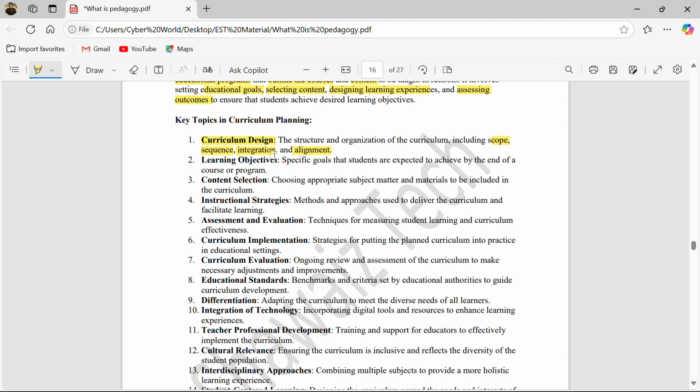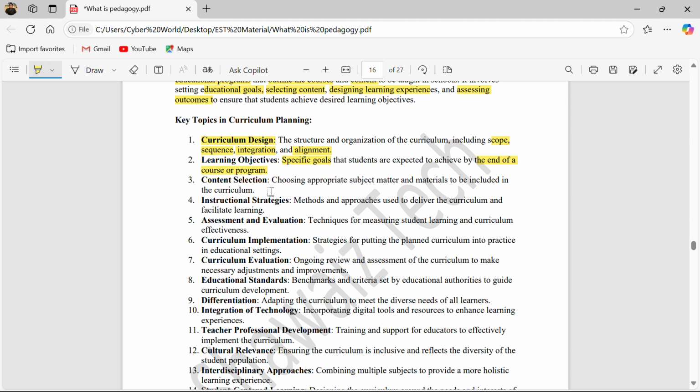Next, what are learning objectives? These are specific goals that students are expected to achieve by the end of the course or the program.